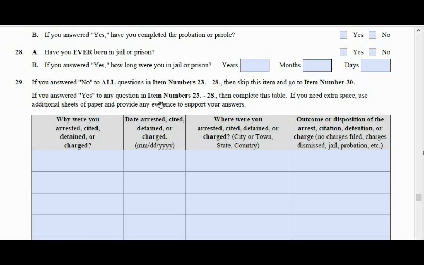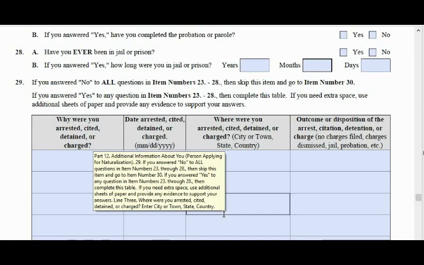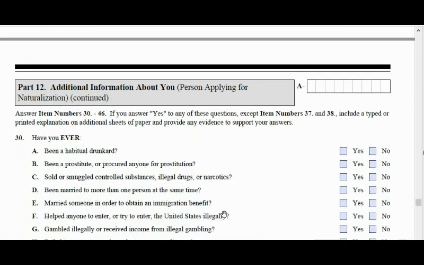If you answered yes, then you're going to provide information here: why you were arrested, cited, detained, or charged, the date, where you were arrested, cited, detained, or charged, in the city, town, and state, and then the outcome or disposition of the arrest, citation, detention, or charge, such as no charge filed, charge dismissed, jail, probation, and so on. But if you answered no to the questions we just went through, then you're going to move to 30, which is this one right here.